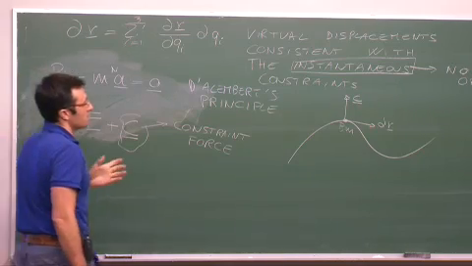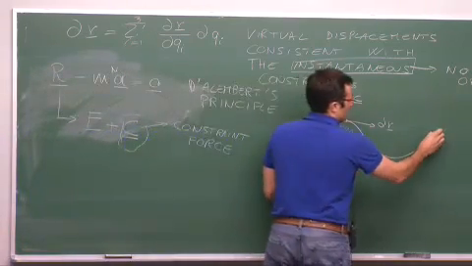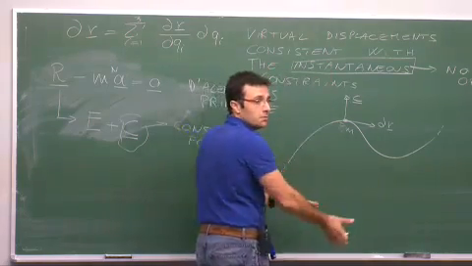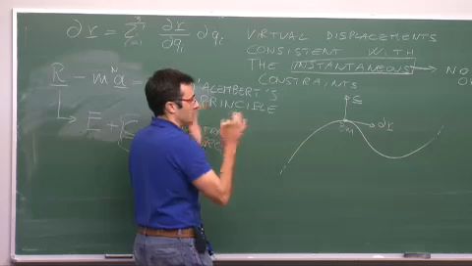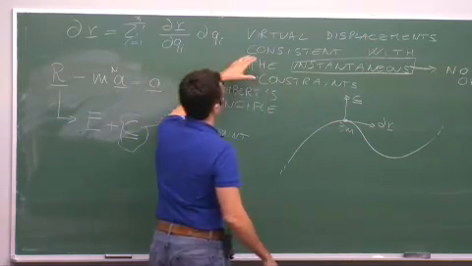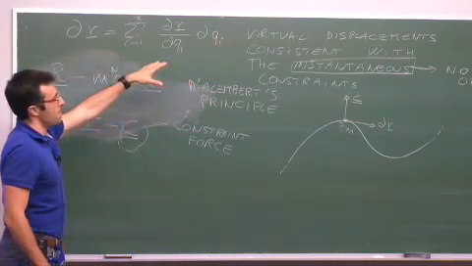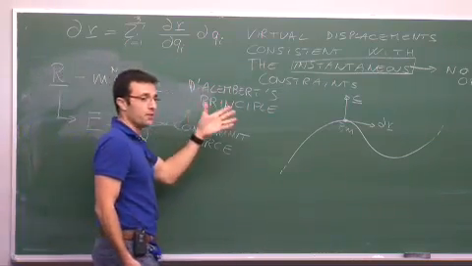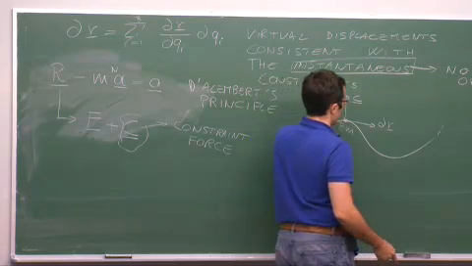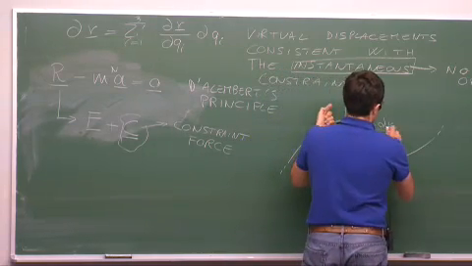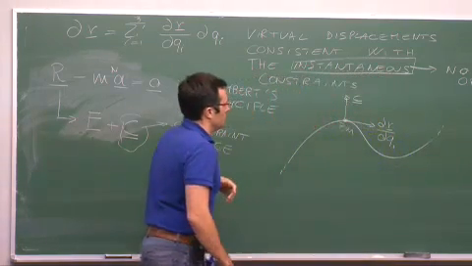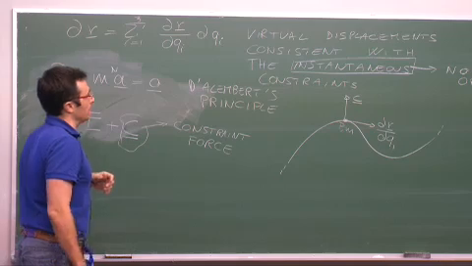So if this is your constraint, this is your guide. You're moving on this guide. This guide can move in time. It could do something else other than just stay there, fixed in an inertial reference frame. But when I talk about virtual displacements, it is not moving. I'm freezing the constraint. And so this is dr, or whatever is your variable. Say that you only have one, dq1.